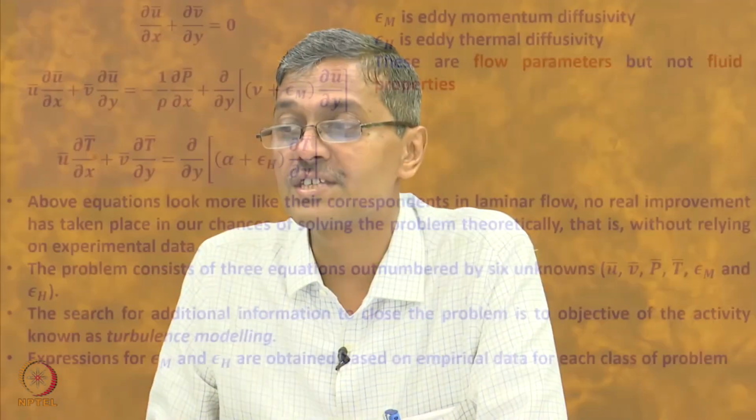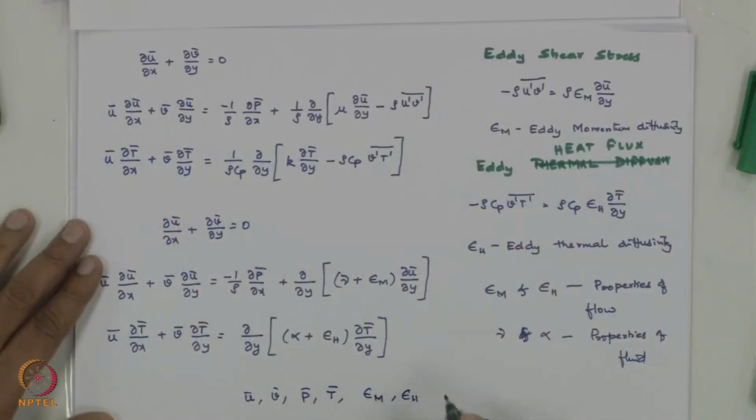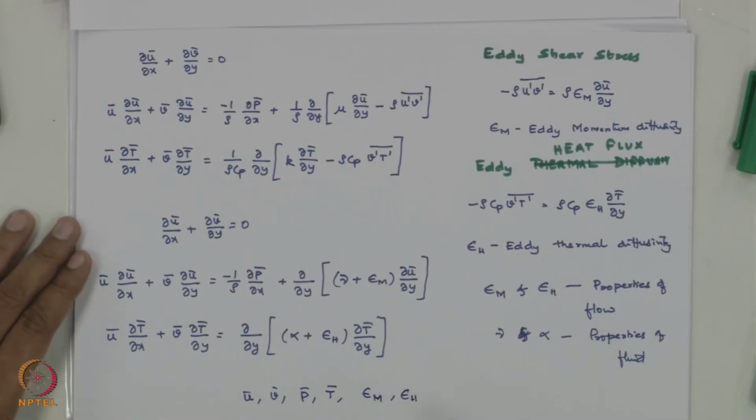So if I come back to the slides, these are the equations which I had, and now you see my life has not become any better, because what are the unknowns still? I have U bar, V bar, P bar, T bar, epsilon m, epsilon h. So I have 6 unknowns, and the equations are still only 3.